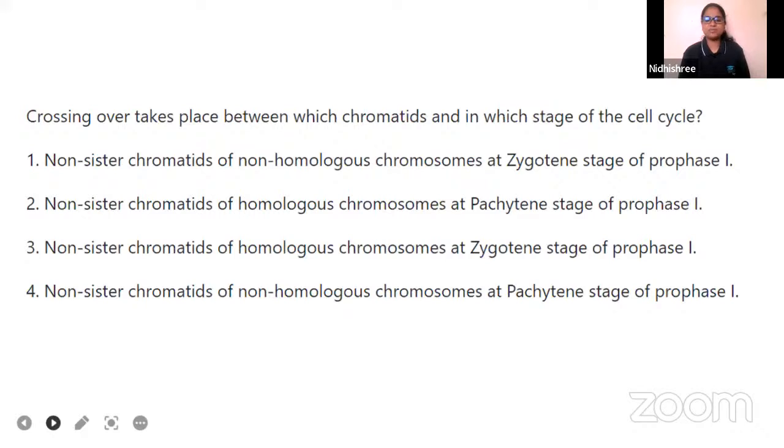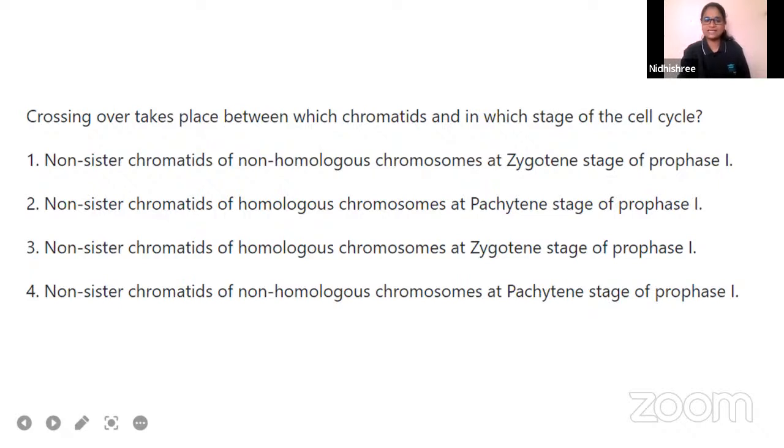Crossing over takes place between which chromatids and in which stage of the cell cycle? Option A: non-sister chromatids of non-homologous chromosomes at zygotin stage. Option B: non-sister chromatids of homologous chromosomes at pachitin. Option C: non-sister chromatids of homologous chromosomes at zygotin. Option D: non-sister chromatids of non-homologous chromosomes at pachitin stage.